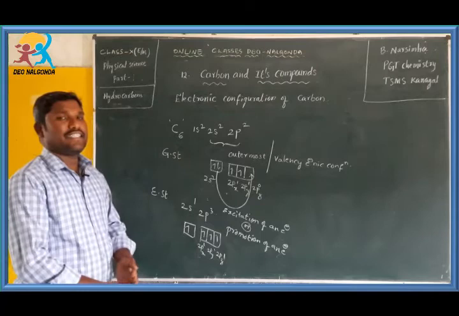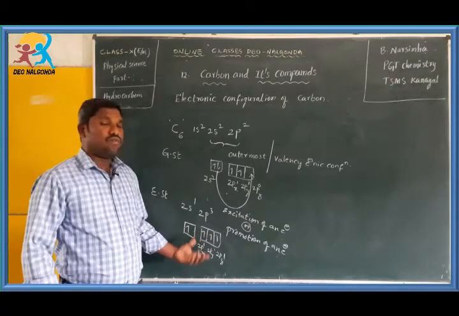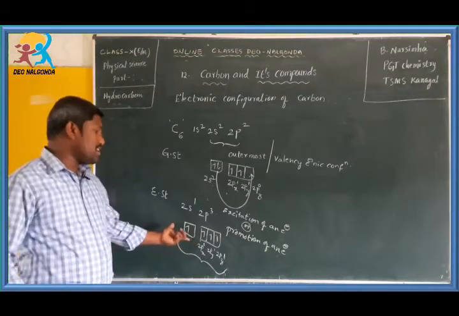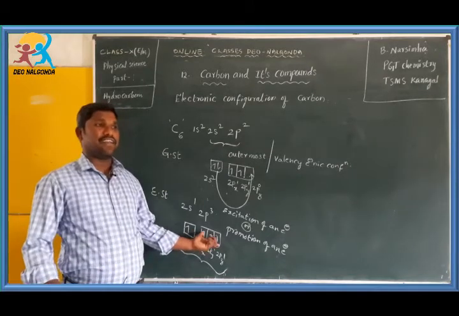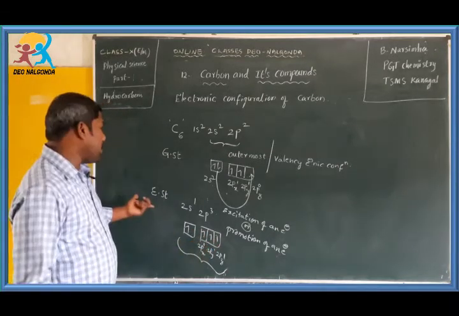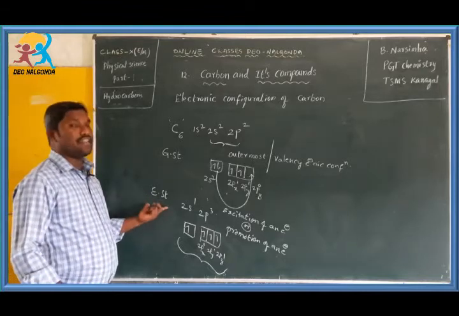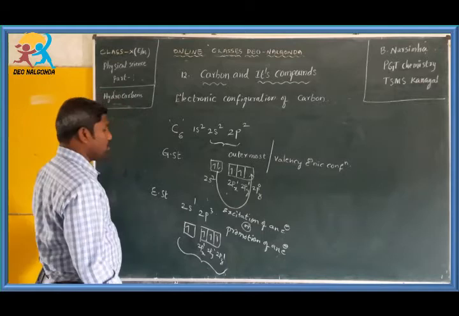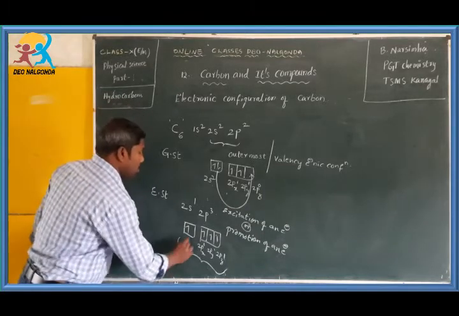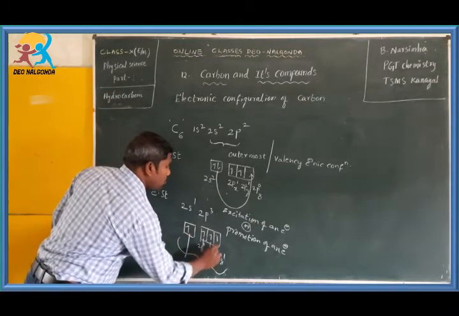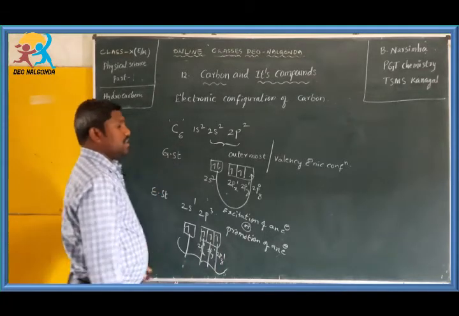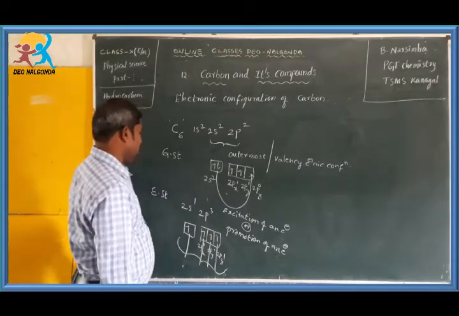In this excited state, how many electrons are there in the outermost shell? 4 single electrons are there. Therefore, in the excited state, carbon valency is 4. Therefore, 4 covalent bonds are formed. This is tetravalency.